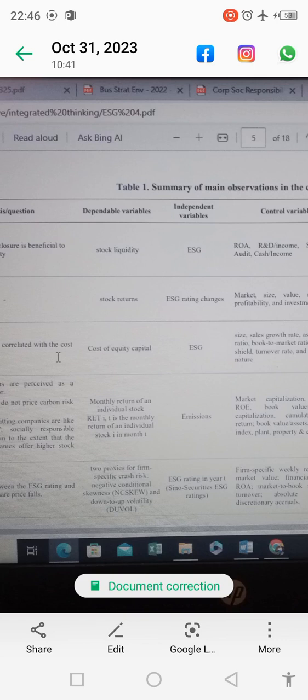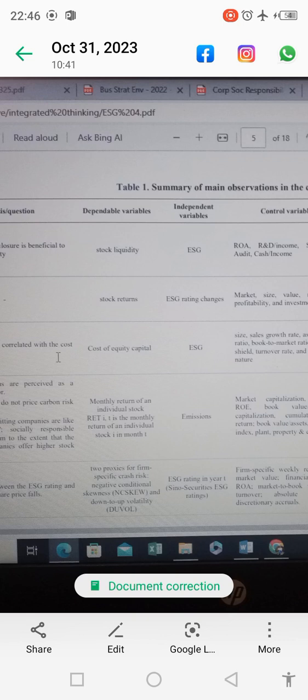After you might have done your systematic literature review, or let me say an extensive literature review, because you might not want to do a systematic literature review as it is quite rigorous. So let me stick to the words extensive literature review.